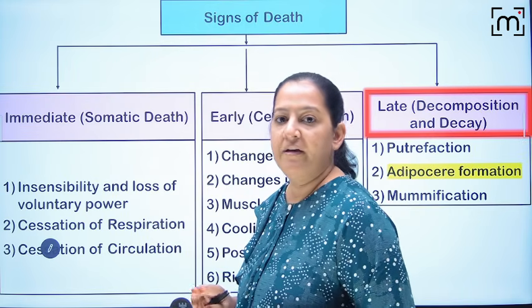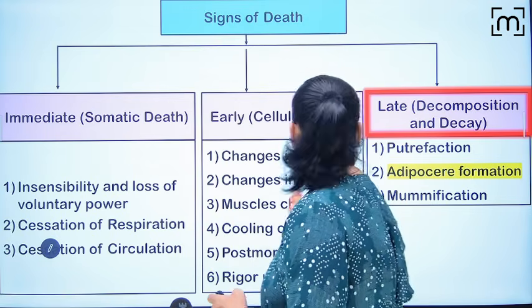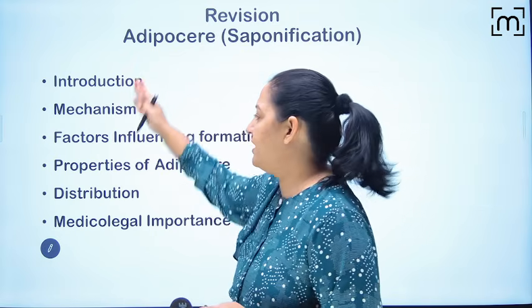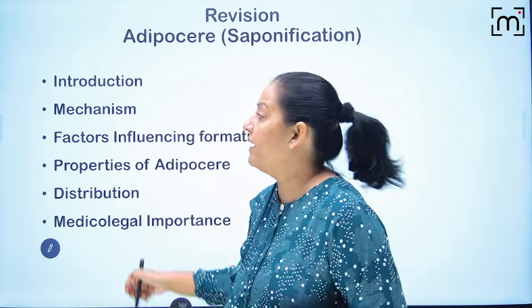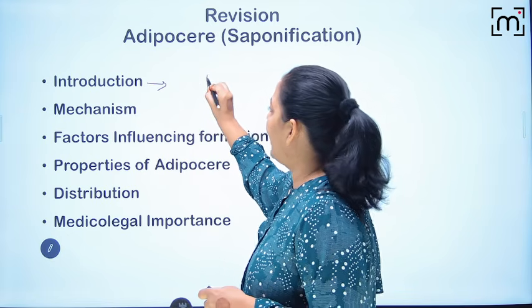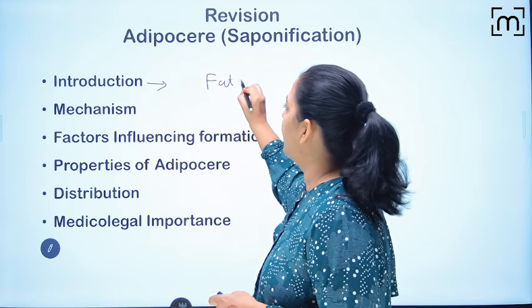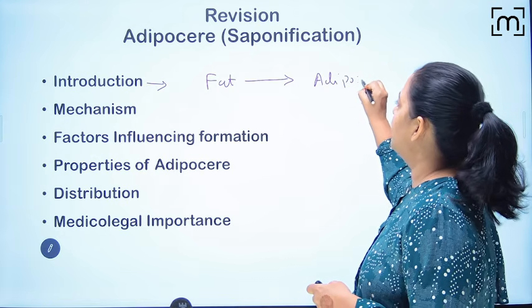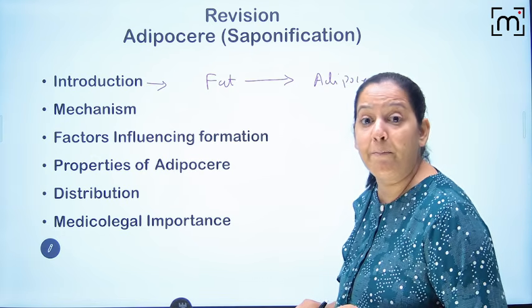Can we go ahead? We are done with adipocere formation. Can we revise it quickly? Adipocere formation is done, under these headings. What's the definition of adipocere formation? In adipocere, the fat of the dead body gets converted into adipocere. What is adipocere? Adipocere is soap, saponification.